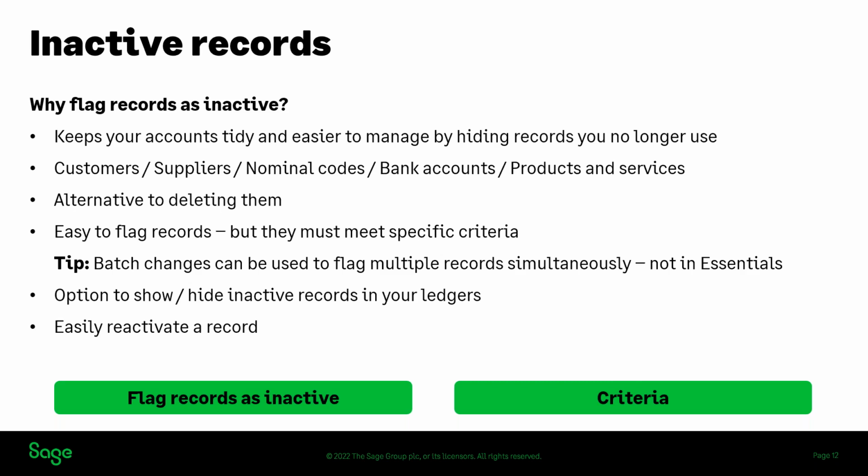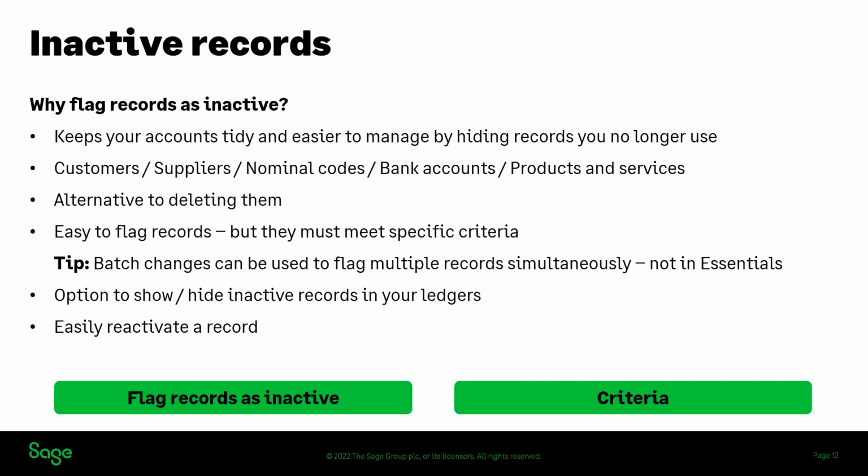Now, certain records, so your customers, your suppliers, your nominal codes, bank accounts, products and services, they must meet specific criteria for you to be able to flag them. And to be able to flag them, which we'll run through a demonstration of in a moment as well, there is a batch changes option.